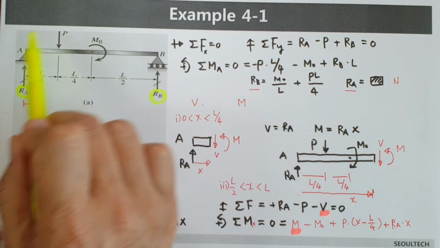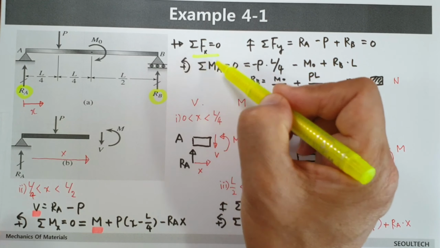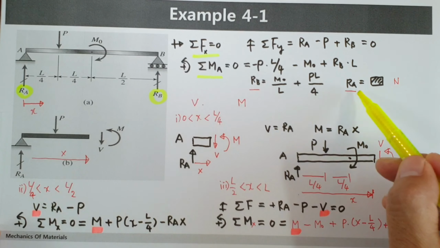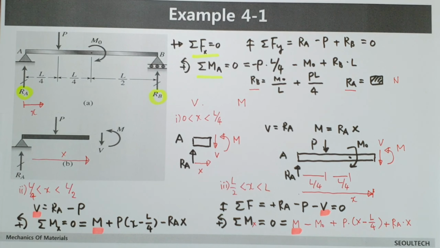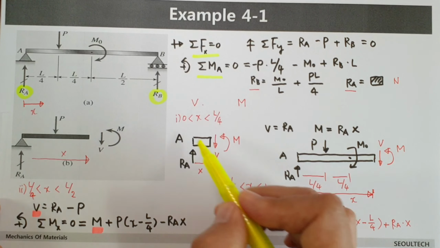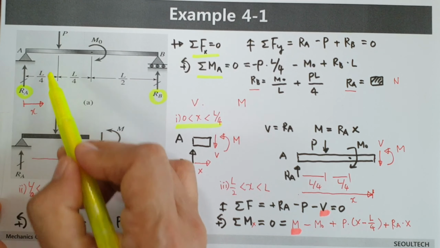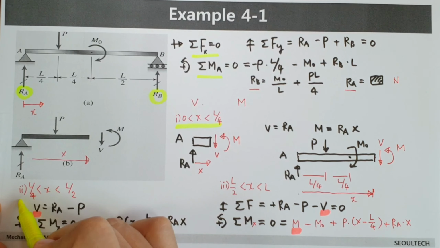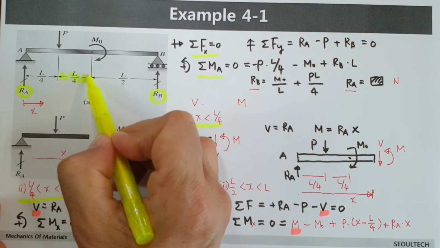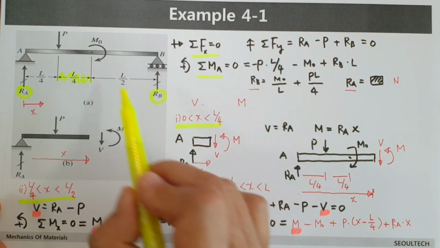When you think about the total system and apply force and moment equilibrium, then you can calculate the RA and RB values. Next, we considered the 3 steps. First one is in this range, the first range. Second one, this range. And finally this range.